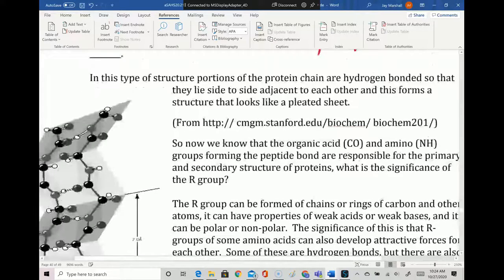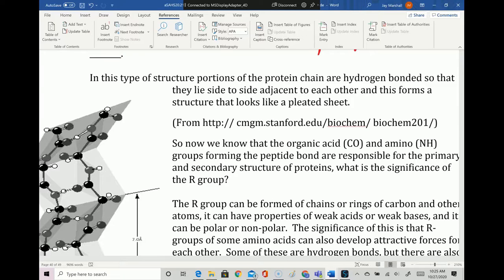And if you fold a piece of paper up into a fan shape, right, if you do this, this is pleated, right?